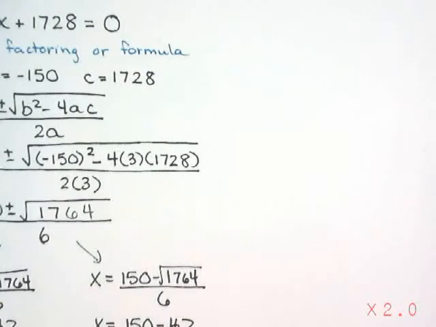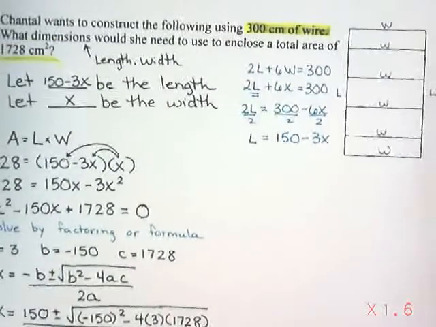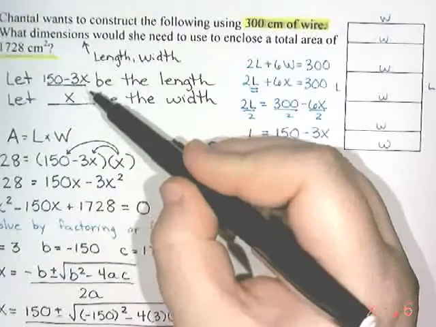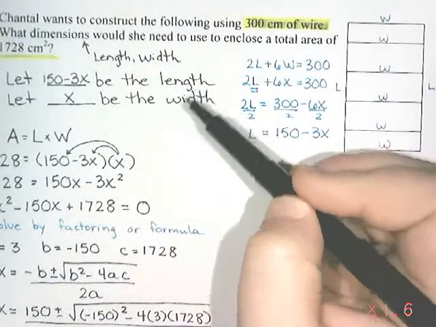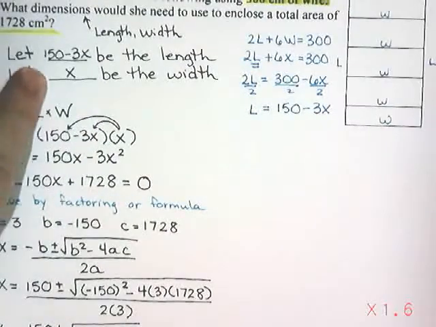To do that, let's zoom back out a little bit. I want to go back up to my let statements and see what I let the length be. We let 150 minus 3x be the length. So since I have my two different numbers, we're going to try doing 150 minus 3x for both of them.